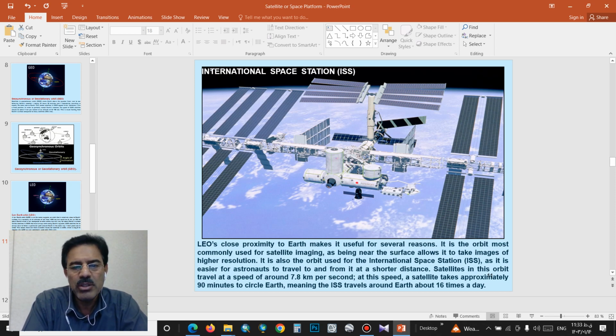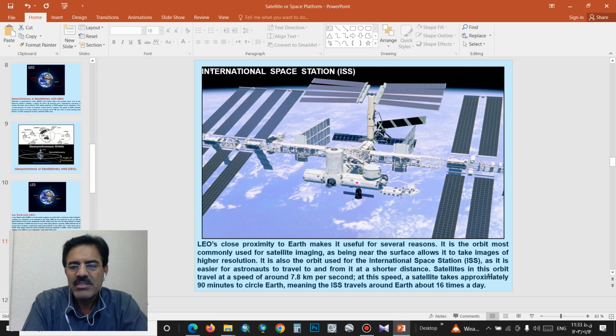It is also the orbit used for the International Space Station or ISS, as it is easier for astronauts to travel to and from it at the shorter distance.